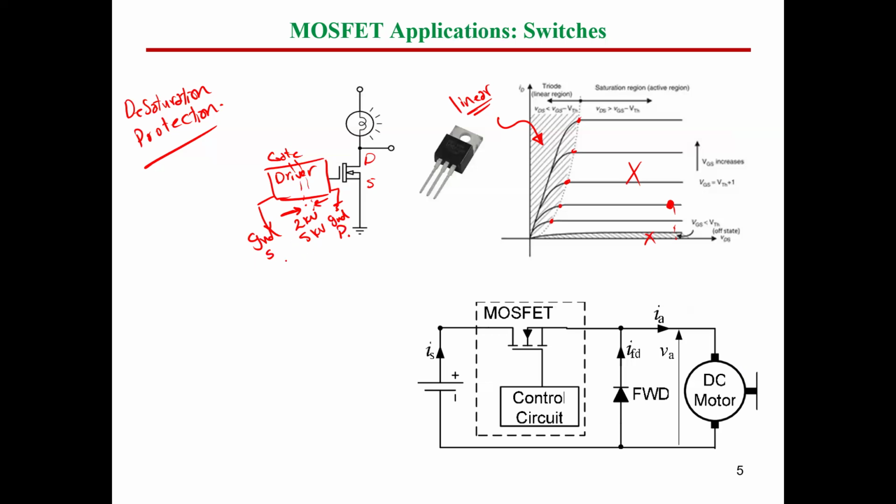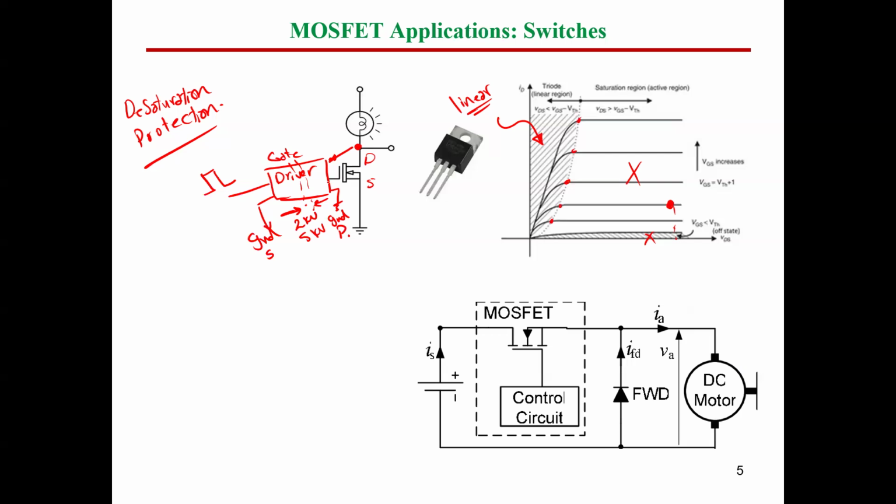Okay, so this gate driver will provide the pulse, and at the same time, it will sense the drain volt here. So there will be a feedback to detect the drain volt, comparing the value of VDS. Is VDS a relatively high value? Is it increasing or not?